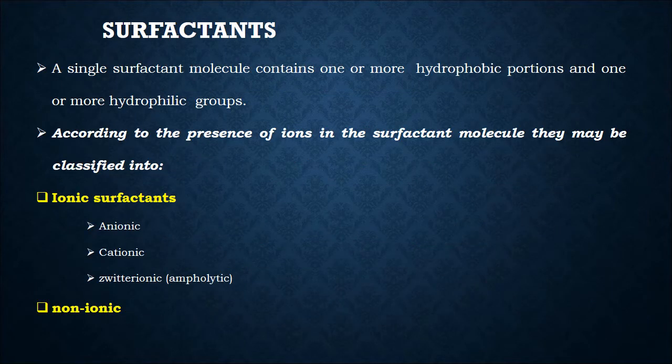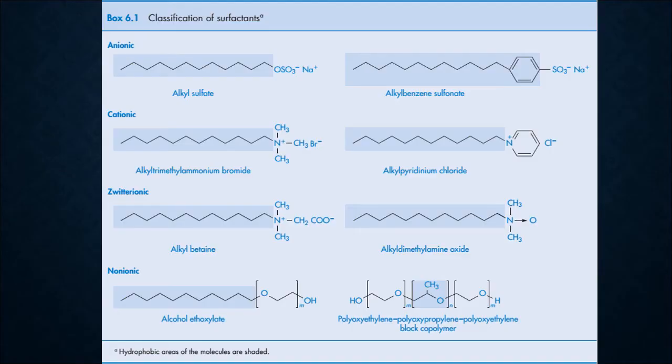Depending on the presence of ions in the surfactant molecule, they may be classified into two groups: ionic surfactants and non-ionic surfactants. Ionic surfactants can be further divided into anionic surfactants, cationic surfactants, as well as zwitterionic surfactants. This is an example of the classification of surfactants.